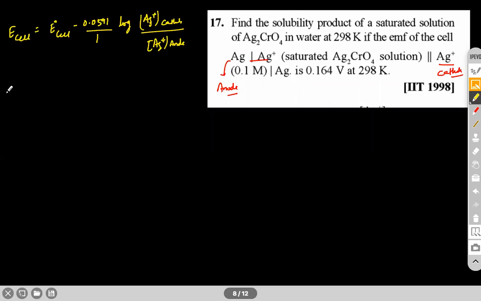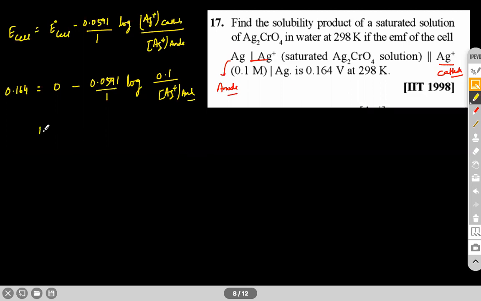So if I substitute all the values, E naught cell is 0, because it is a concentration cell. 0.0591 by 1 log of 0.1 by the Ag+ concentration on the anodic side.